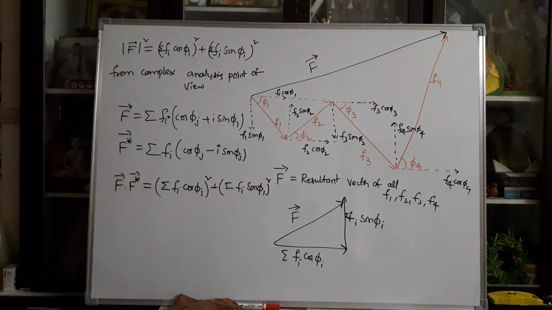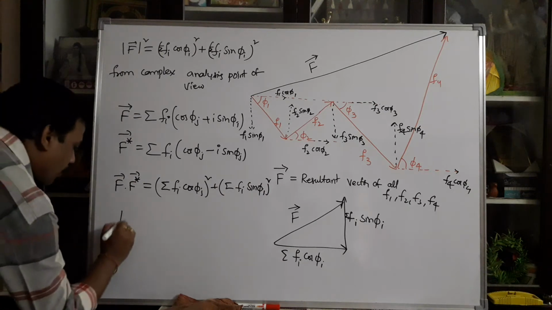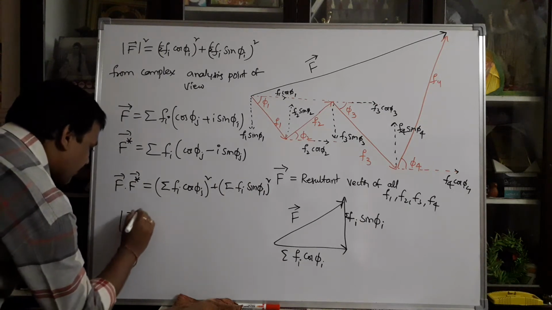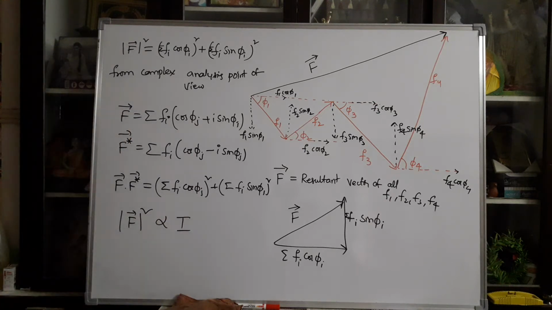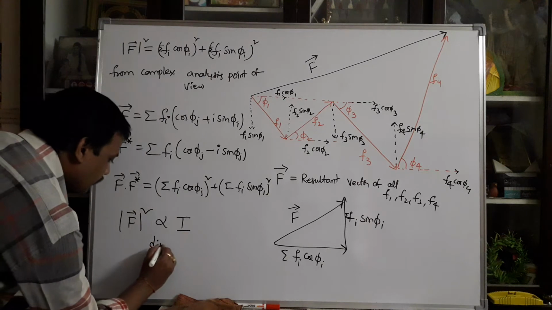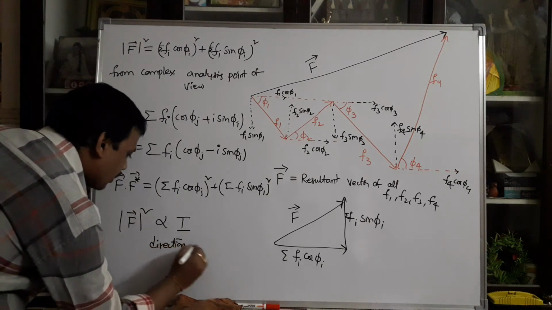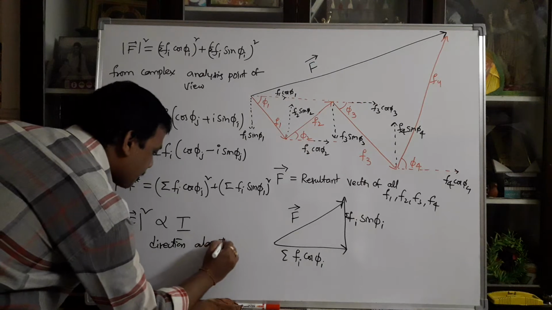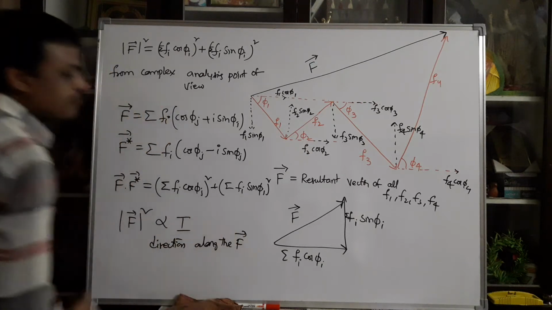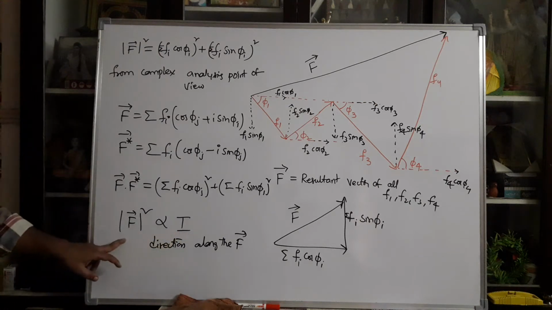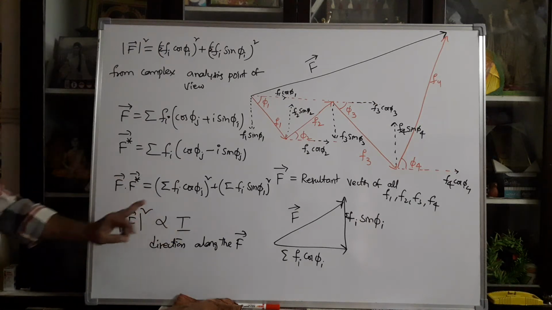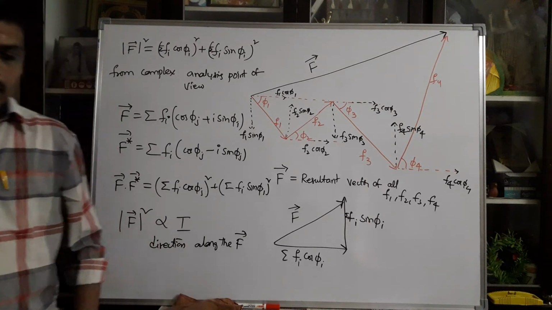F into F star bar can be represented as mod F bar or F bar square. This value is always proportional to the intensity of diffracted rays, along the F bar direction. So the intensity of diffracted rays is always proportional to F square. This intensity direction is always along the F bar direction.